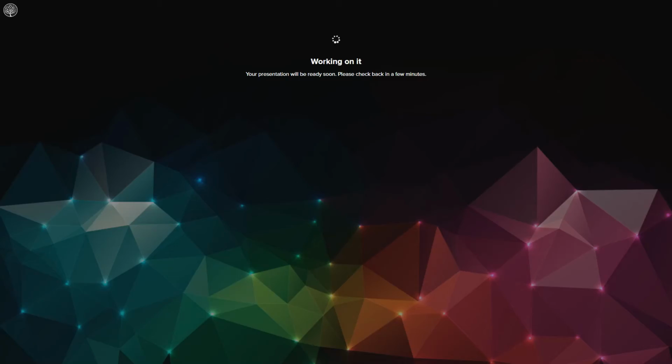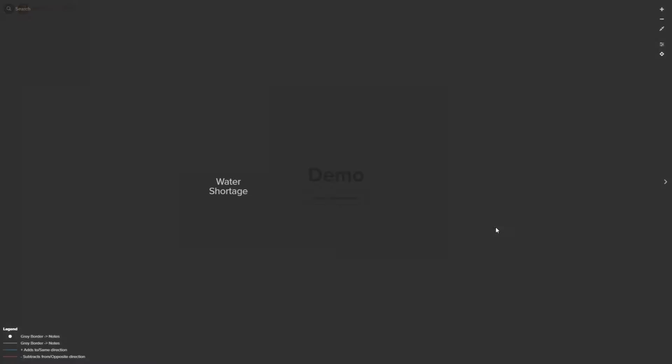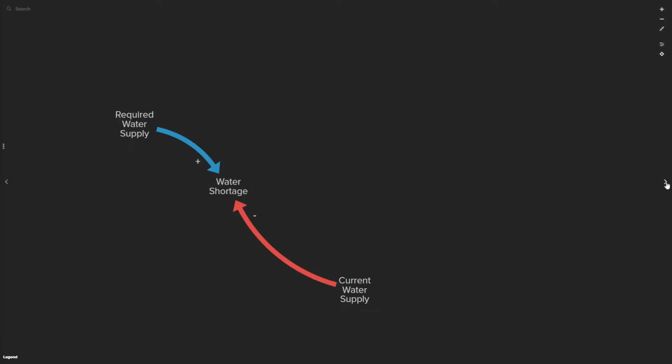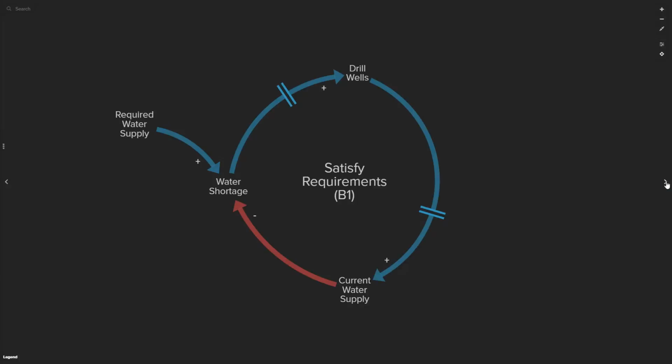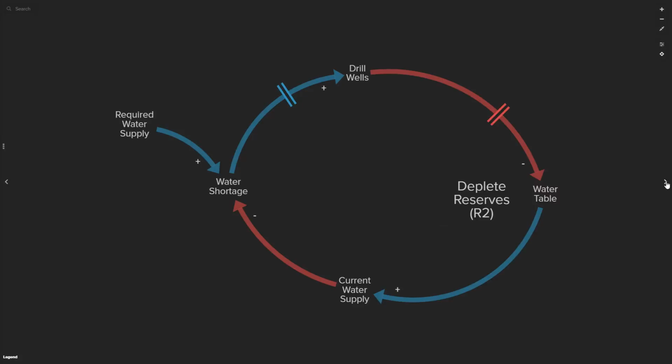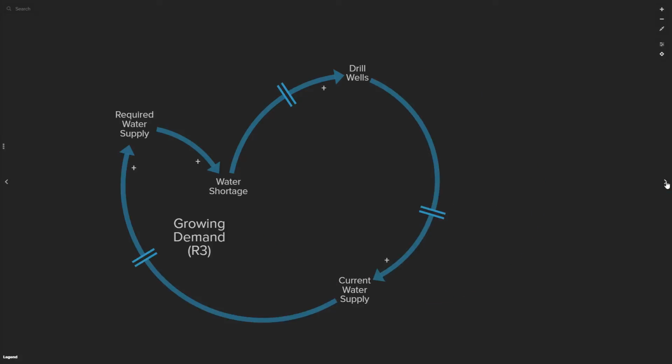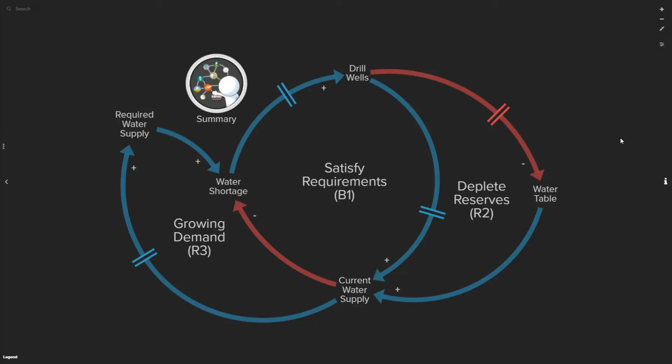But in terms of the first one that I developed, if you then get to here and look at it, oh, it's still working. All right. Water shortage, the reason for the water shortage, the drilling wells to satisfy the water shortage, the fact that it depletes the reserves, results in a growing demand, and a set of relationships that demonstrates how we end up typically being our own worst enemy.